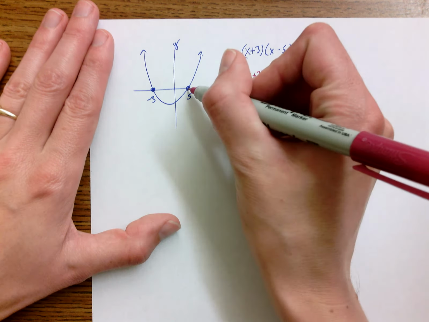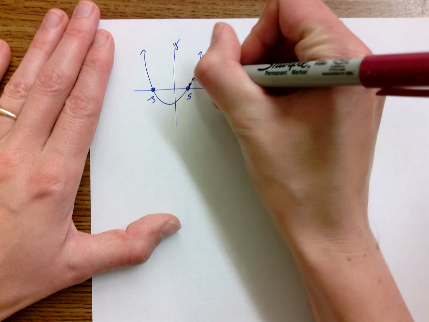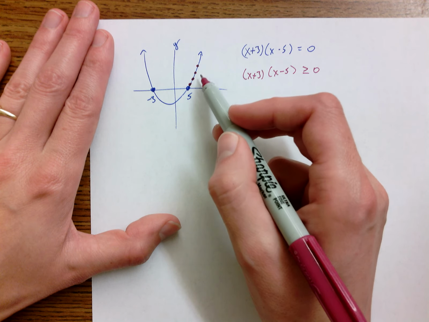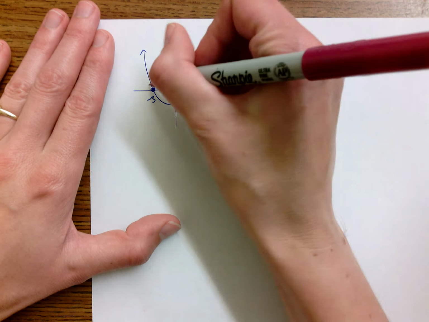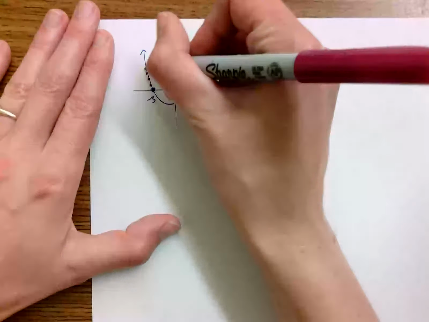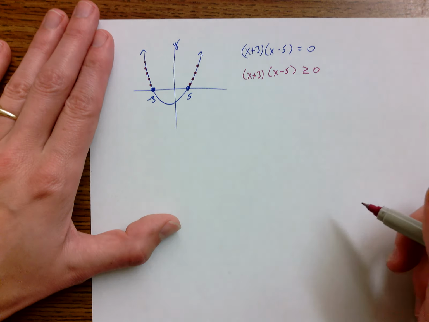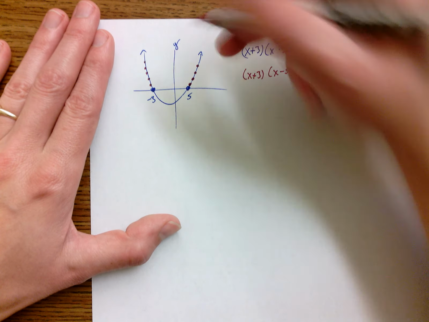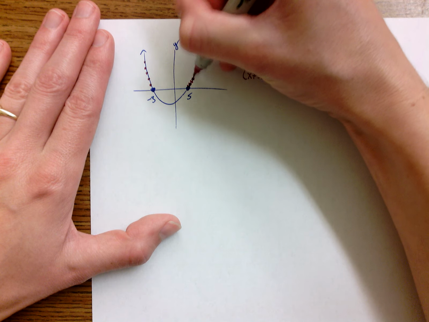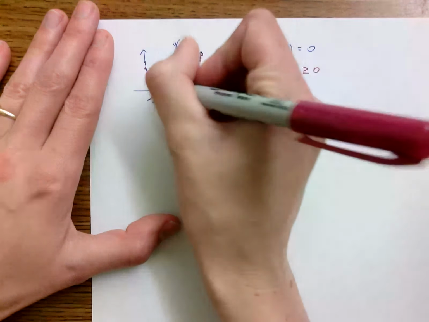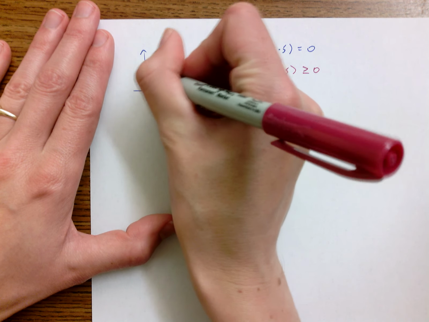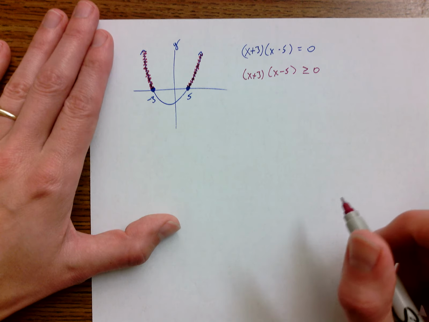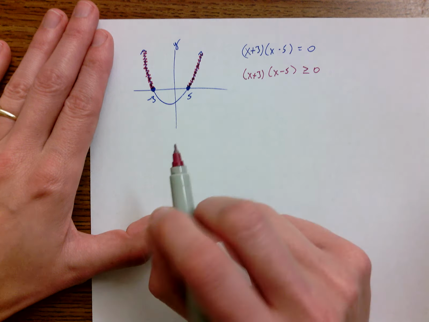It's going to be this point, but also this point and this point and this point. These are all points where we're greater than 0, and same thing over here. So now instead of the solution just being this point right here, my solution is all of these points, which we usually represent by shading to show that we're hitting all of those points. And that would be my solution.